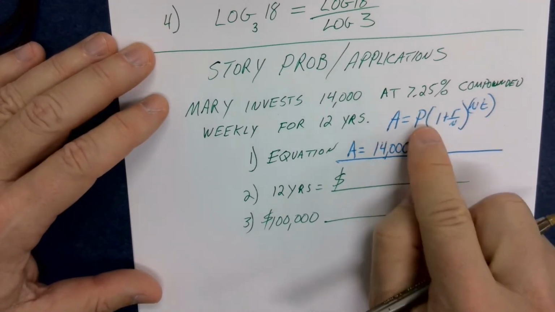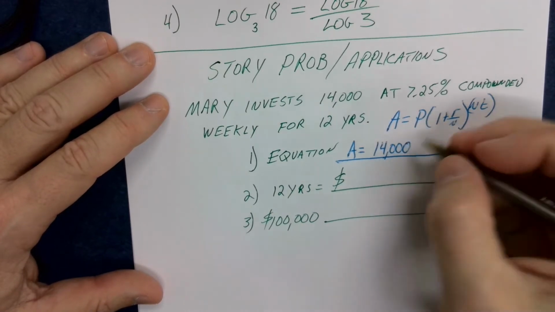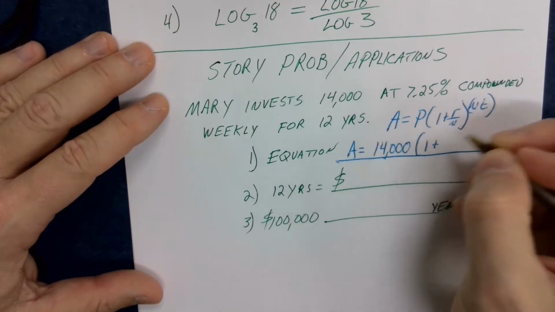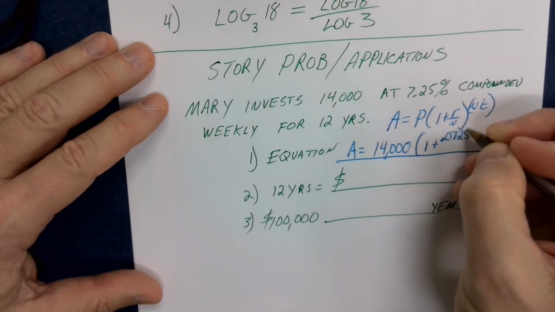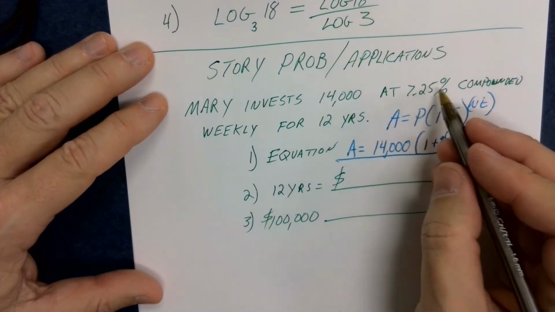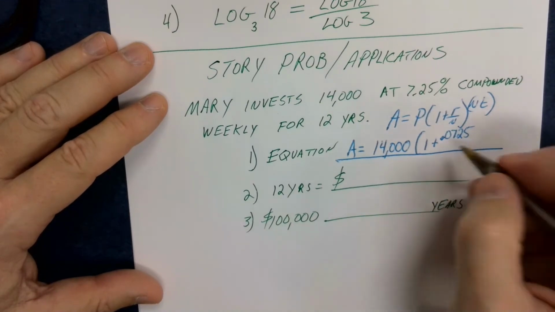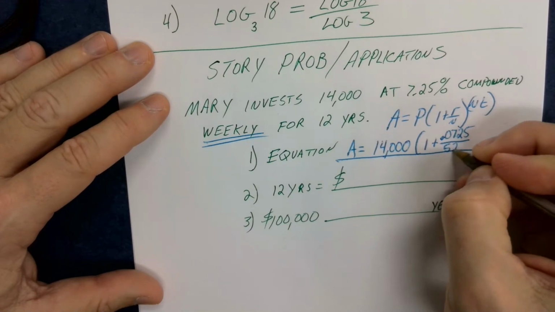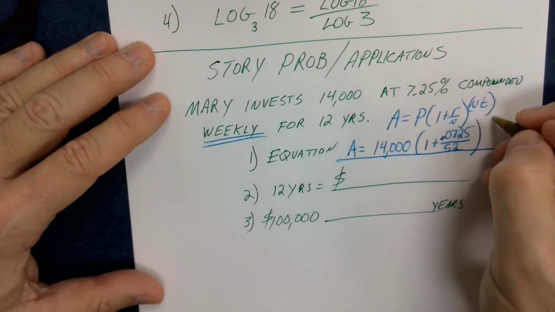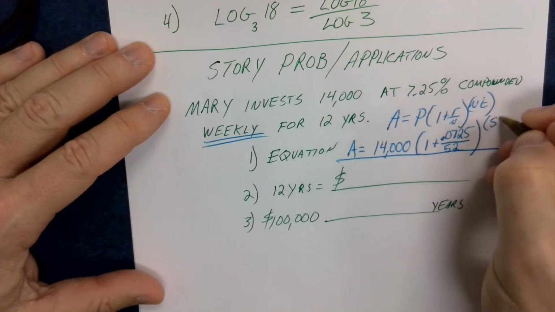14,000 is our principal, or how much money we put into the bank. 1 plus interest rate. You have to move the decimal 2 places. 7.25% becomes 0.0725. Since it's weekly, that happens 52 times per year. And then 52t.